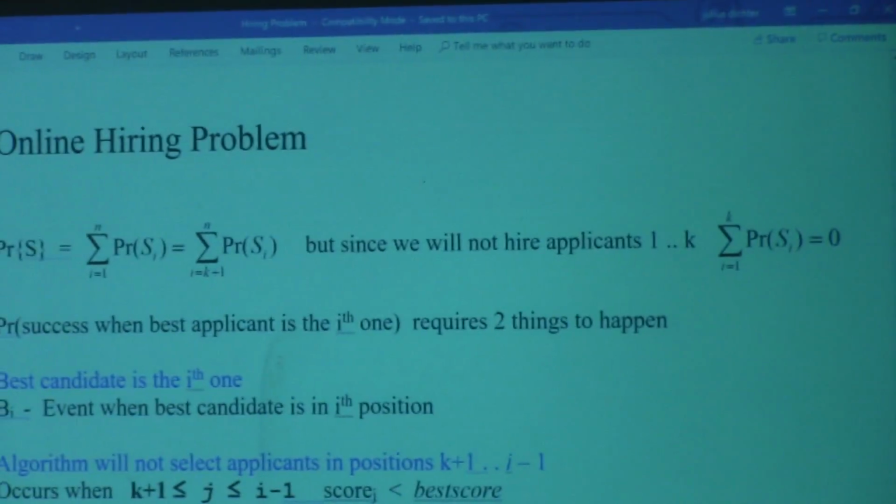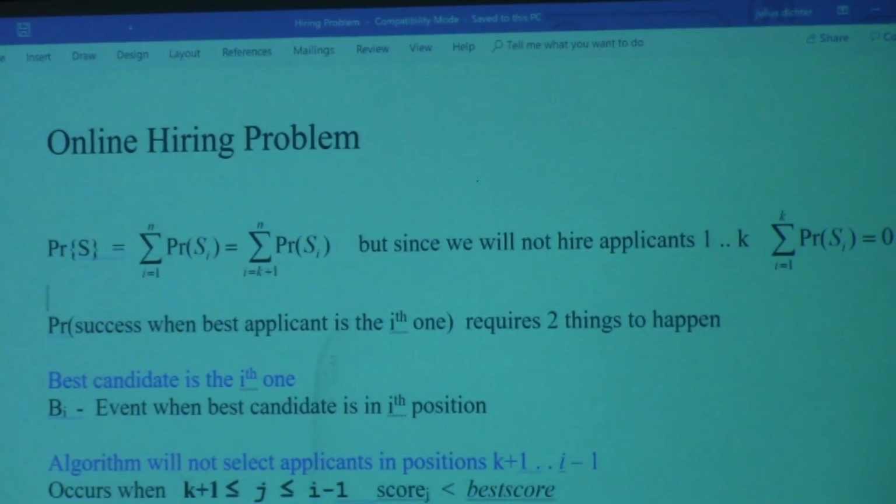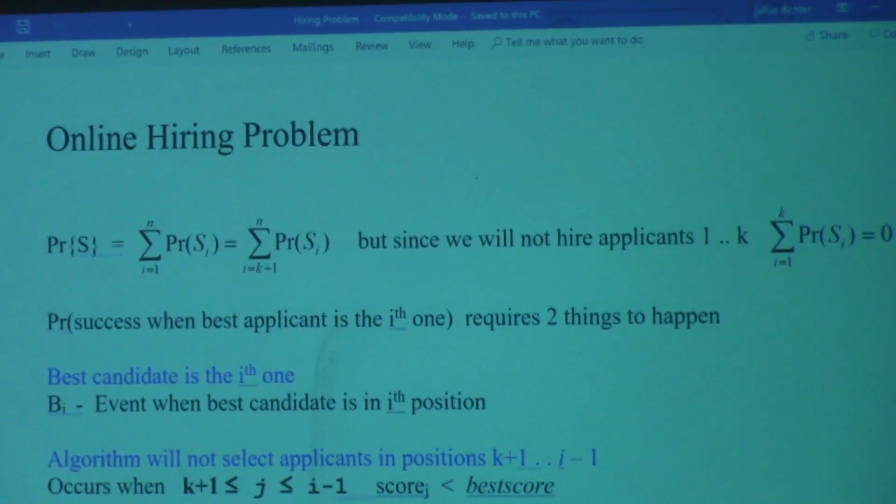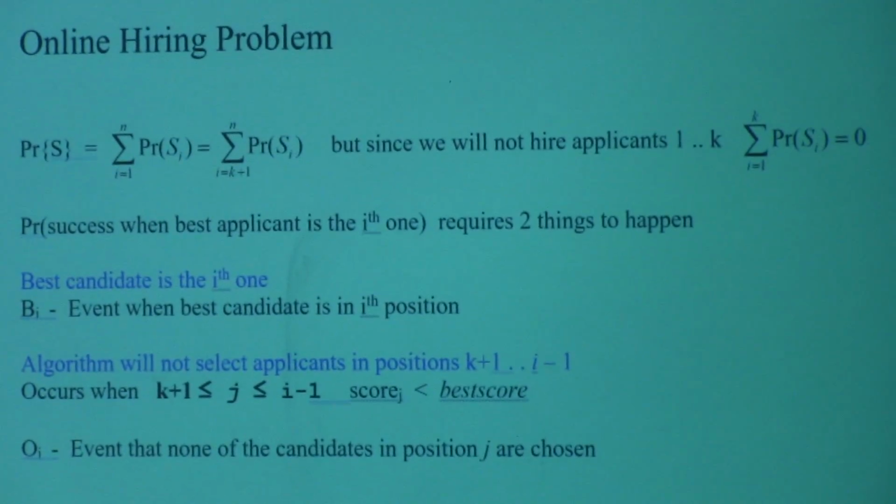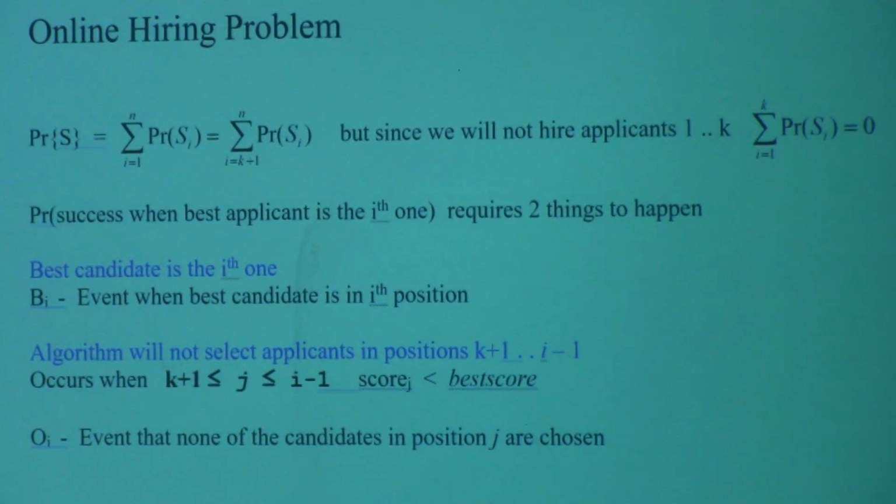So what's P of S? What does that mean? Probability of S, and S is the probability of hiring the best person. So the probability of hiring the best person is equal to the sum, as i goes from 1 to n, of the probability of hiring the best person when the best person is the ith person.